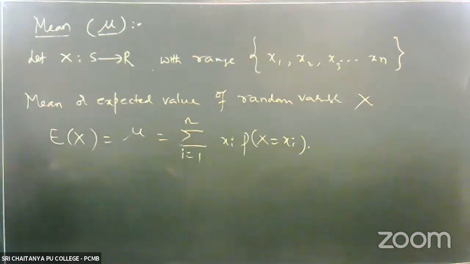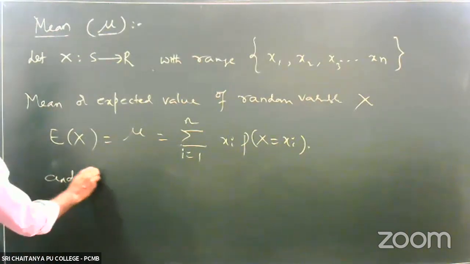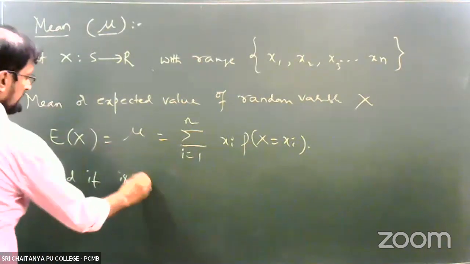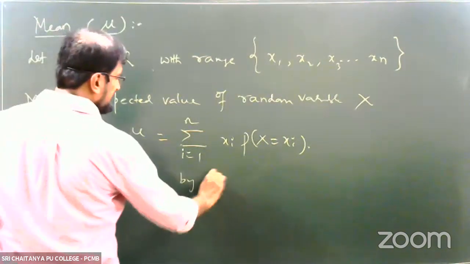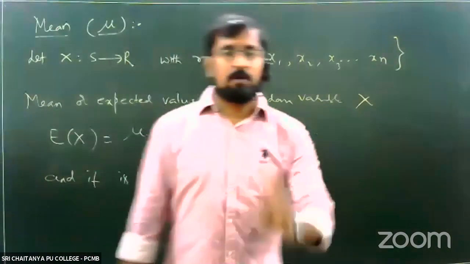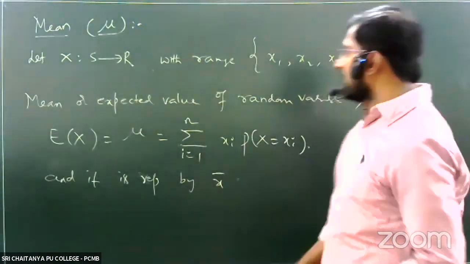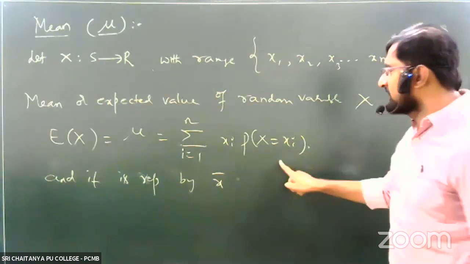Take down this one. Of course, I am going to tell you the shortcut for this one, and it is represented by x bar. If the probability distribution has been given to you, you can find out the mean by using this formula.